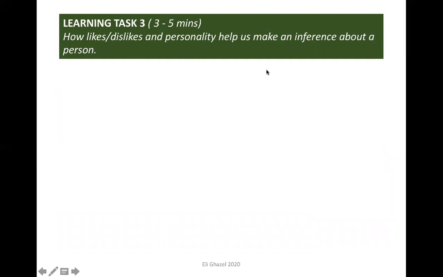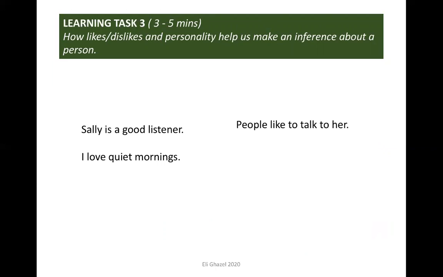We are going now to work on inference. How likes, dislikes, and personality help us make an inference about a person. So let's look at inference. Sally is a good listener. If Sally is a good listener, we can infer that people like to talk to her. I love quiet mornings.